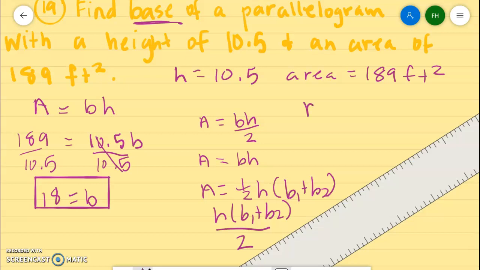And then the area for a rectangle is length times width. The area for a square is side squared. So just go through and practice writing the formulas down. That's going to be the hardest part, is keeping everything straight.